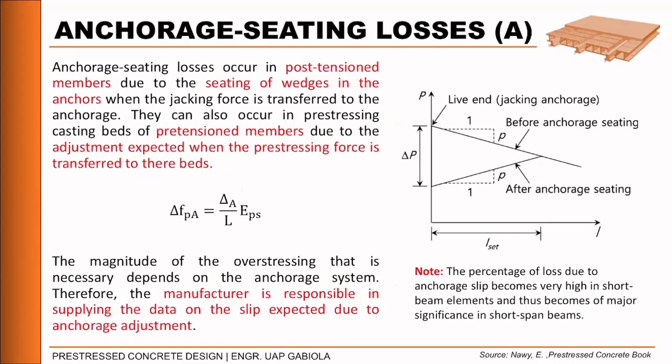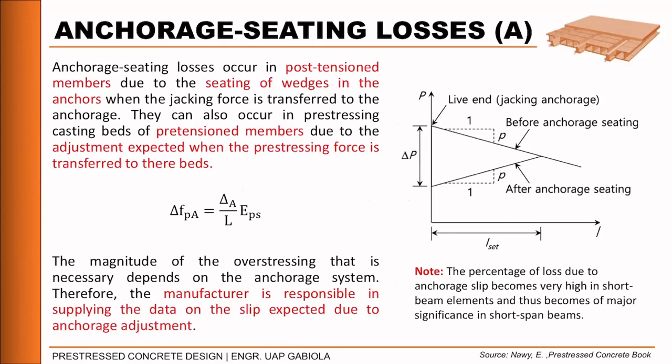So, si anchorage seating loss, losses occur in post-tension members due to the seating of wedges in the anchors, when the jacking force is transferred to the anchorage. They can also occur in pre-stressing casting beds of precast members due to the adjustment expected when the pre-stressing force is transferred to their beds.